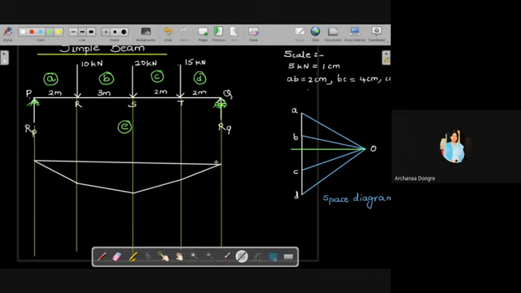These two lines are parallel. So draw it parallel like this. So you got some reference line here.